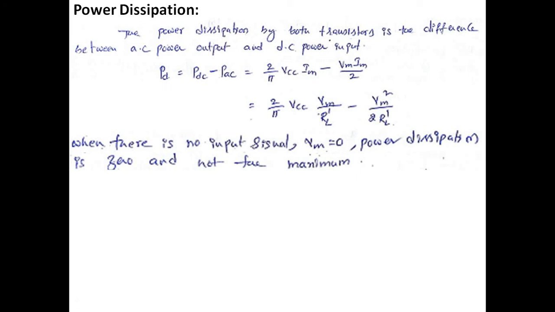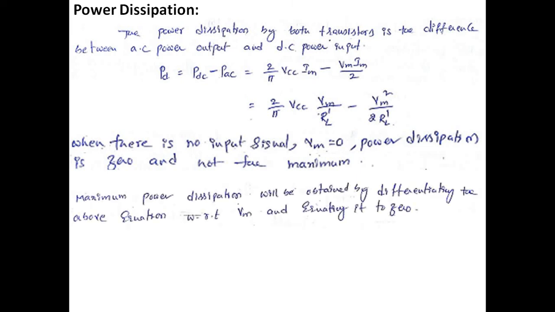Here there will be no power dissipation. The maximum power dissipation you get by differentiating the above equation with respect to Vm, and we make it equal to 0. Then we can calculate what is the maximum power dissipation in this class B push pull amplifier.